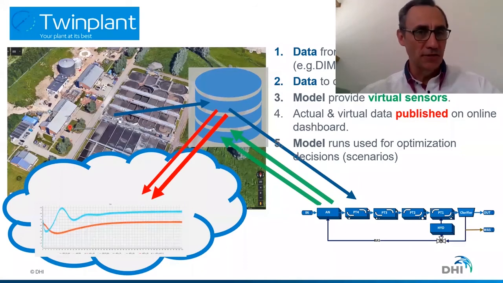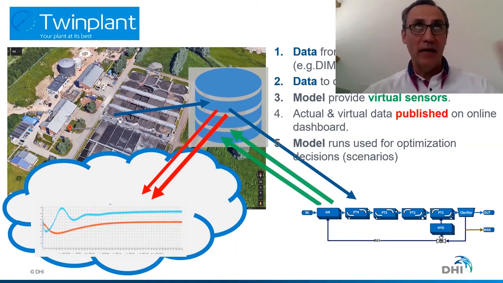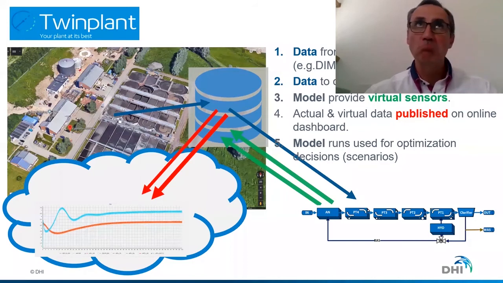And these actual data coming from the treatment plants, together with the virtual data, are published online through, for instance, the dashboards. And model runs are used for optimization decisions. And here is a dashboard displaying what is going to be the performance of that facility, in this case, wastewater treatment plant, in the next hour, 6 hours, day, or something like that.